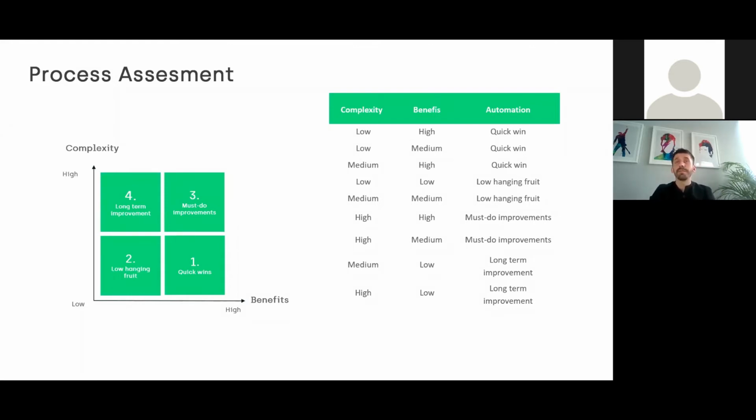Then, when we have all of these simple processes already automated, we should consider processes which are pretty complex, with high complexity, but which can give us also high benefits. And lastly, we should consider those processes which can bring us low benefits and which have high complexity.